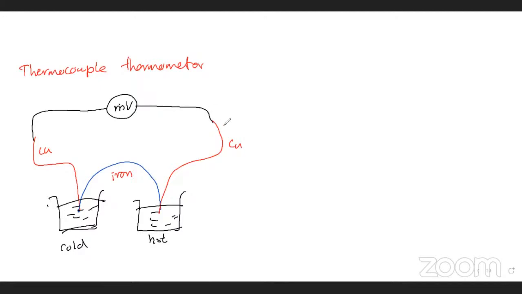Due to the temperature difference between dissimilar junctions, an electromotive force is induced between these two junctions. This one is called the cold junction, and this one is the hot junction. That potential difference between these two we call the electromotive force, the EMF.